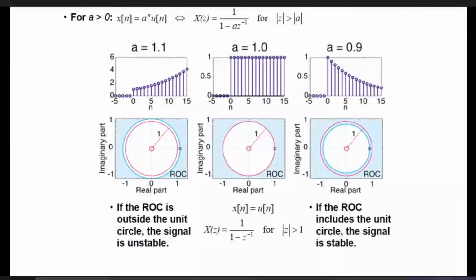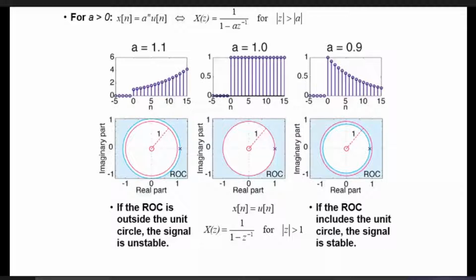Also, according to BIBO stability, if you give bounded input, the output should be bounded. If this is your input signal, where a is 0.9, it is decreasing, so the input is bounded. For this case the output will also be bounded, and then it will be stable.